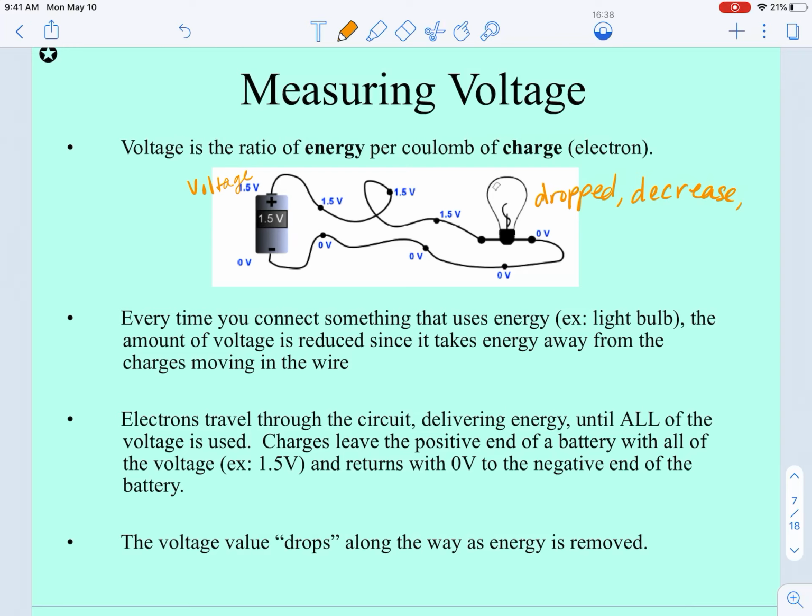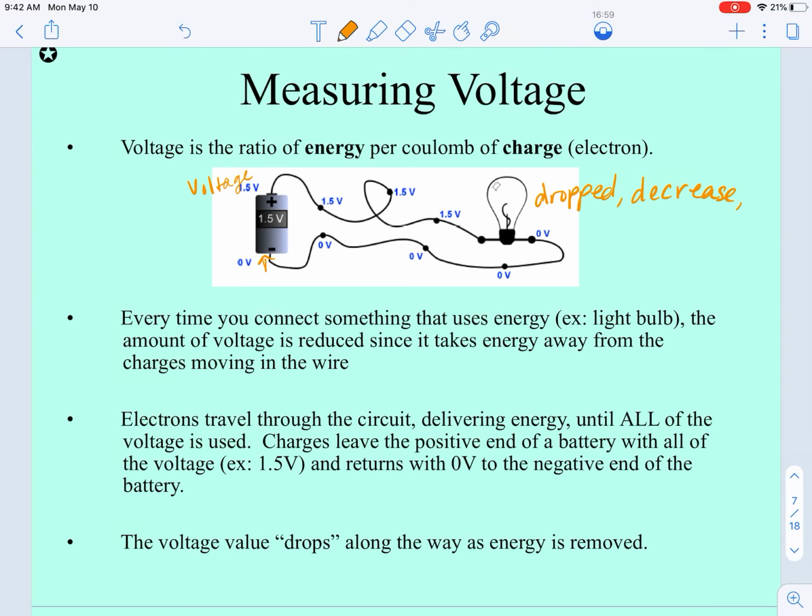Now, in this particular example, we have 1.5 volts before the light bulb, we have 0 volts after. Again, that just simply tells us that all of the energy was provided to this one device. And then we come back to the battery with 0 volts, low voltage end of the battery source.